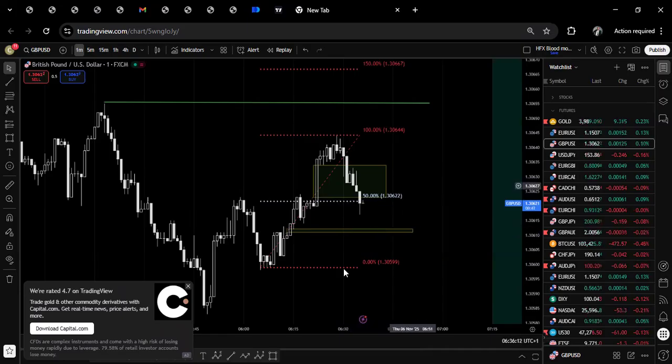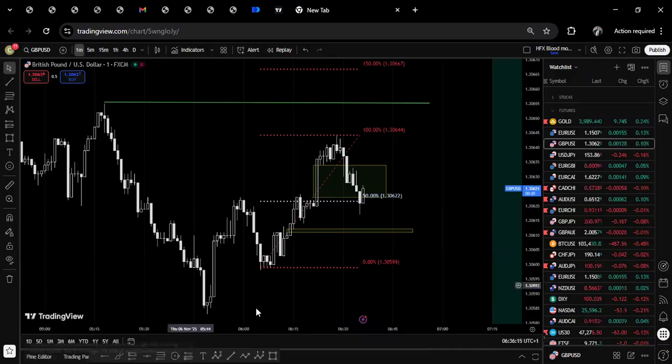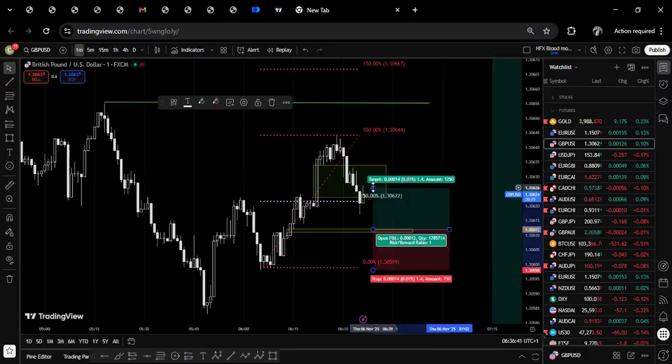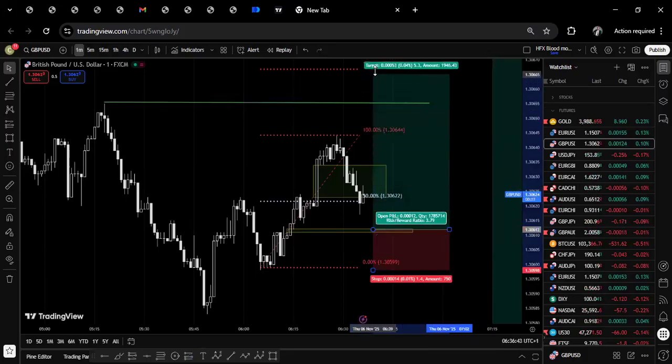This time around, this is going to be a possible entry. It's appearing already. Let's see. This is going to be a possible entry, a long position down here, targeting this area over here.